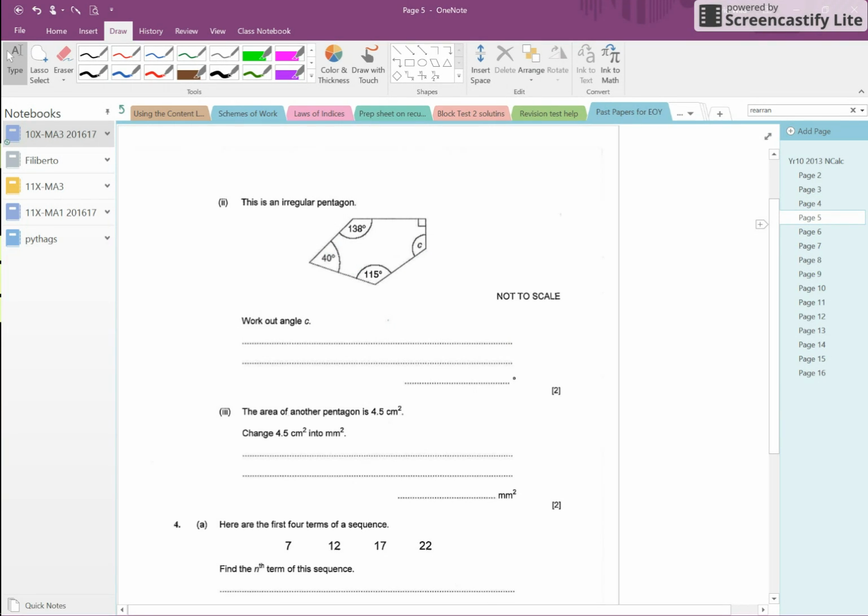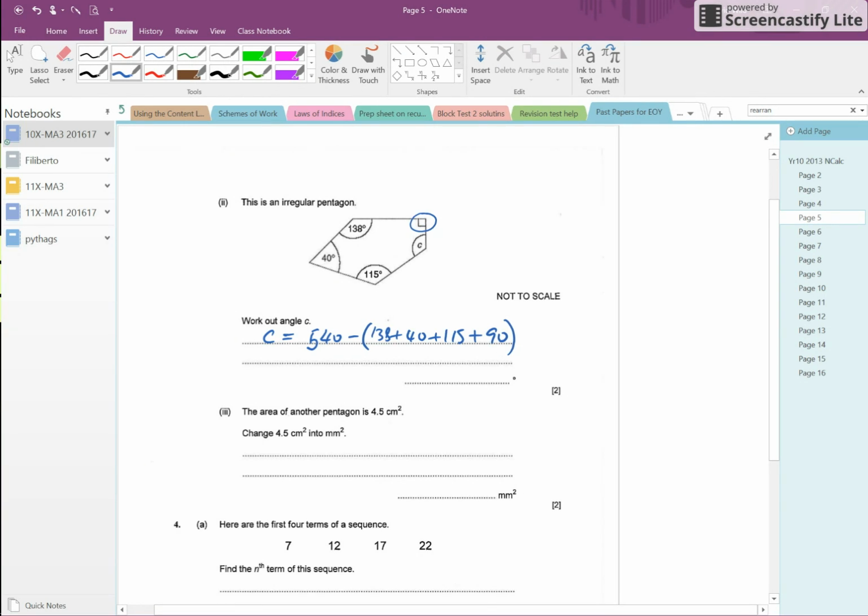Okay, this is an irregular pentagon. So it's still got 5 sides, and we know that a 5-sided shape will have 540 degrees as its total interior angles. So we can therefore say that C is 540, and we're going to subtract 138 plus the 40 plus the 115 plus this 90 degree angle here.